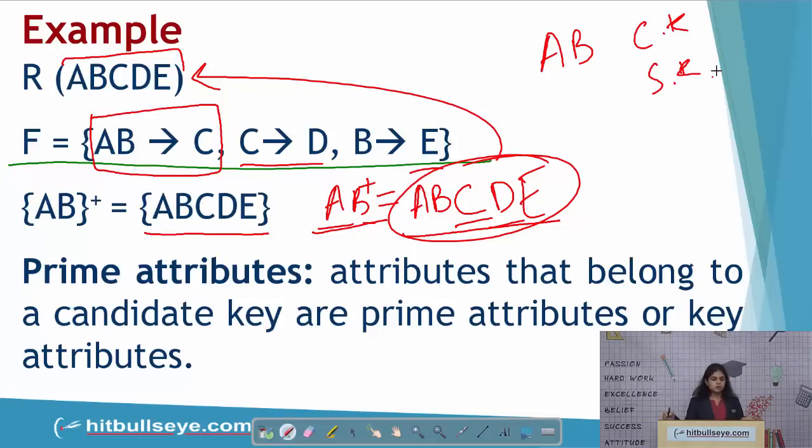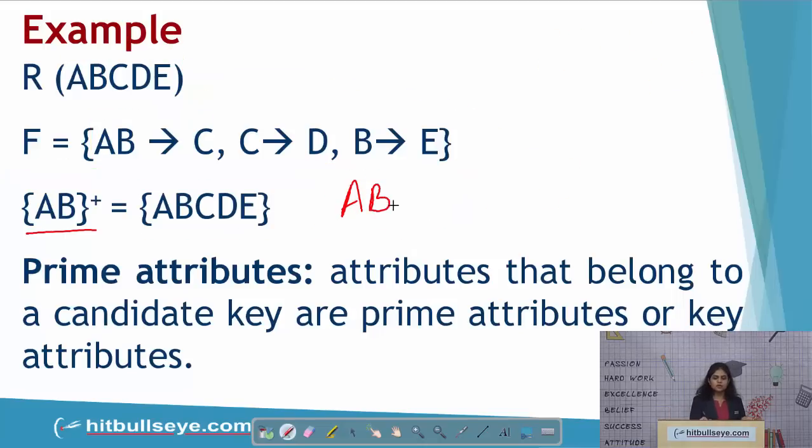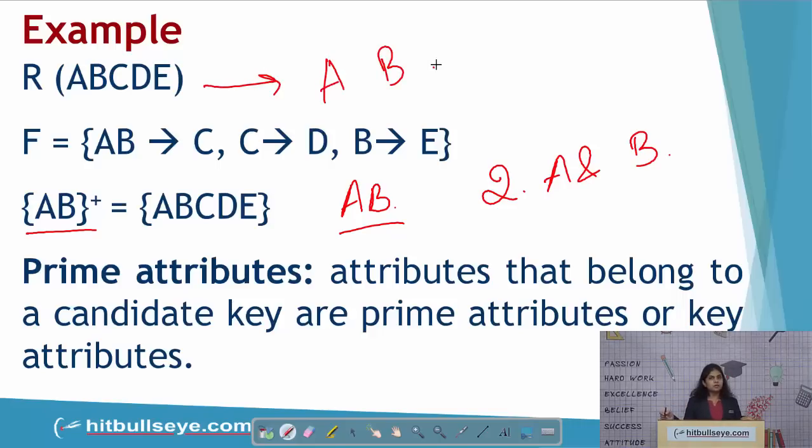The attributes that belong to a candidate key are the prime attributes. So in this case, we have a candidate key AB. How many prime attributes do we have? In the candidate key, we have two attributes, A and B. So in this relation, I have two prime attributes, A and B.